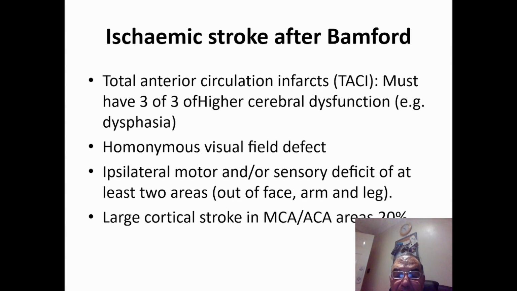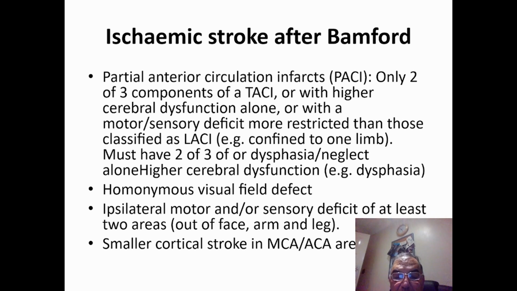Basically, they have high cerebral dysfunction, aphasia, hemianopia, with usually visual field defects. There's one-sided motor or sensory deficits, and it usually is due to a large stroke involving the middle cerebral or the anterior cerebral arteries, and the total anterior circulation infarcts constitute about 20% of strokes.